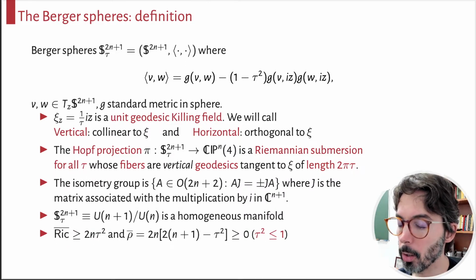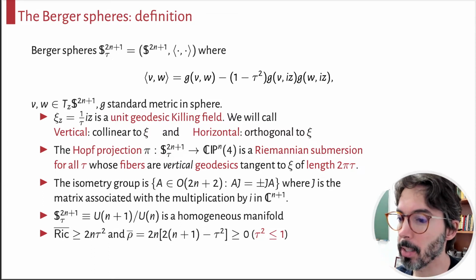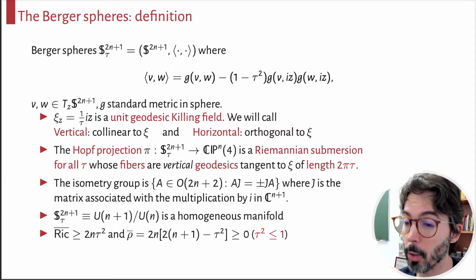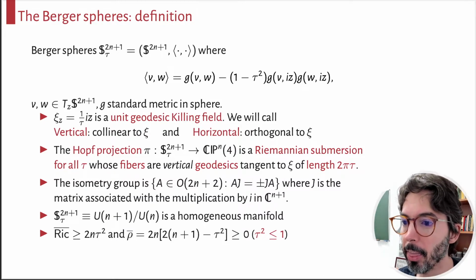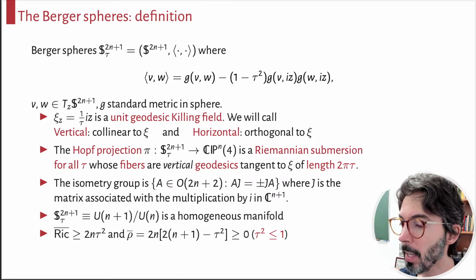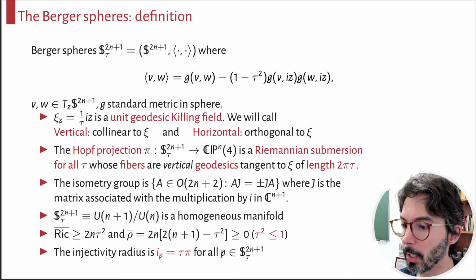In this case, we are going to restrict ourselves to parameters less or equal than 1. That is, we are going to consider only Berger metrics that decrease the length of the Hopf fibers. And finally, the injectivity radius of these manifolds is just tau times pi at all points.